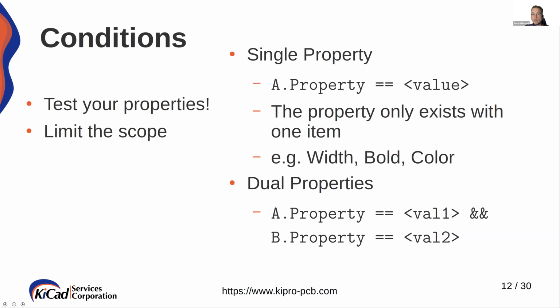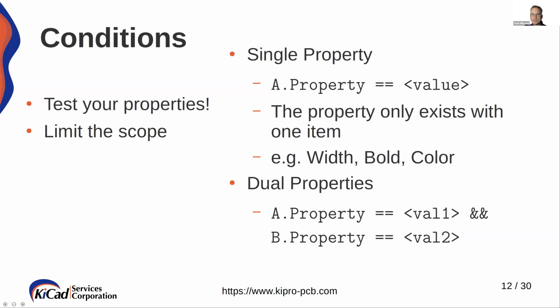So when you have things with a single property, you're going to specify that property with A.property. Now, A is just a placeholder. You use A to specify the first element in the rule. With a single property, so if the property only exists with a single item, like the width of a line, or the boldface of text, or the color of the line in your layout, each of these only exists with a single property at a time.